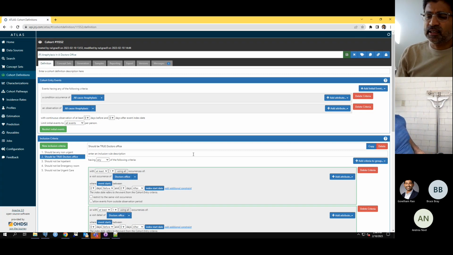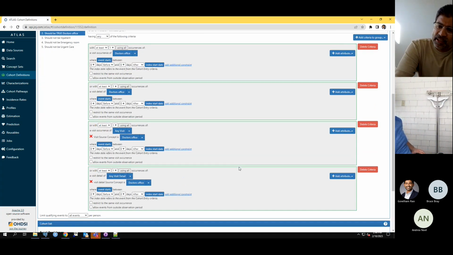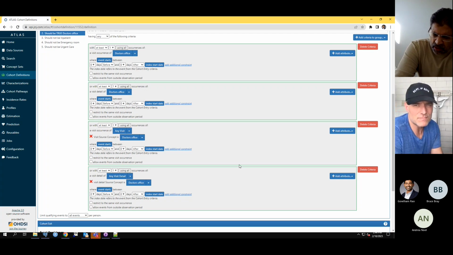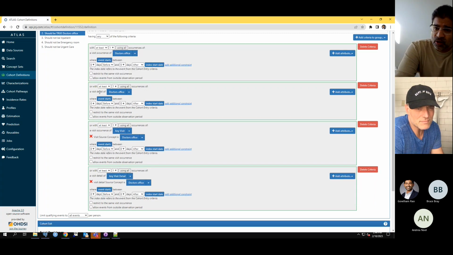So I'll explain what I just did. These are all rarely used features. There are two visit tables in the OMOP CDM. One is called visit occurrence and the other is called visit detail. Every primary key in the visit occurrence table can have one or more detailed records in the visit detail table.